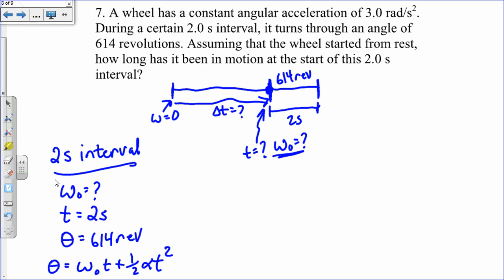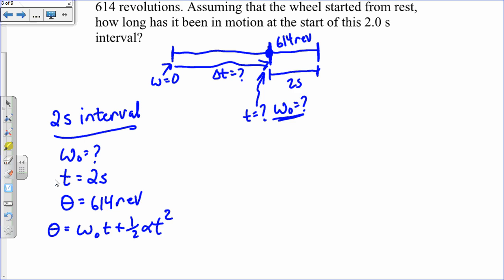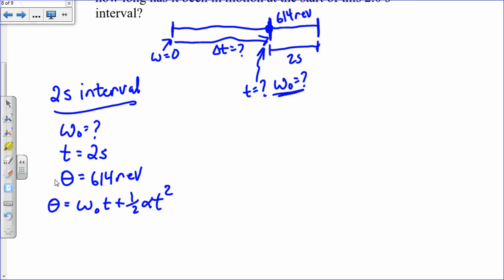I also know alpha is 3 radians per second squared. So I know everything here but omega naught, and I can solve this for omega naught. Omega naught equals theta minus 1/2 alpha t squared, divided by t.